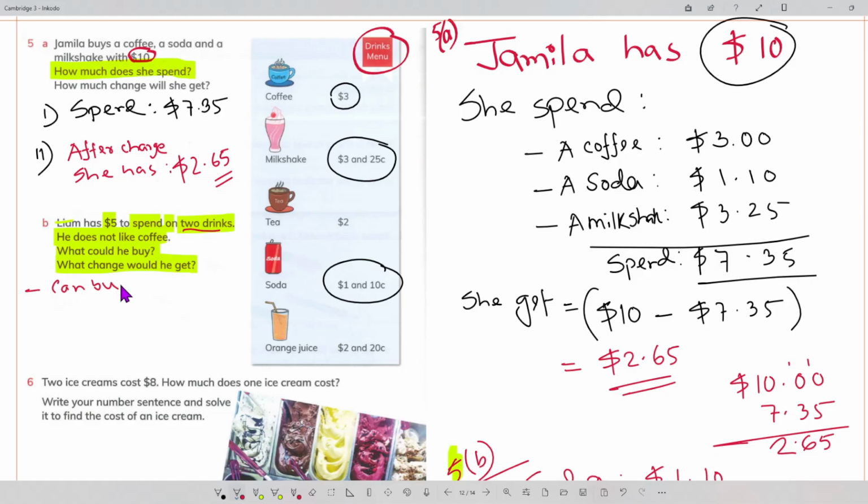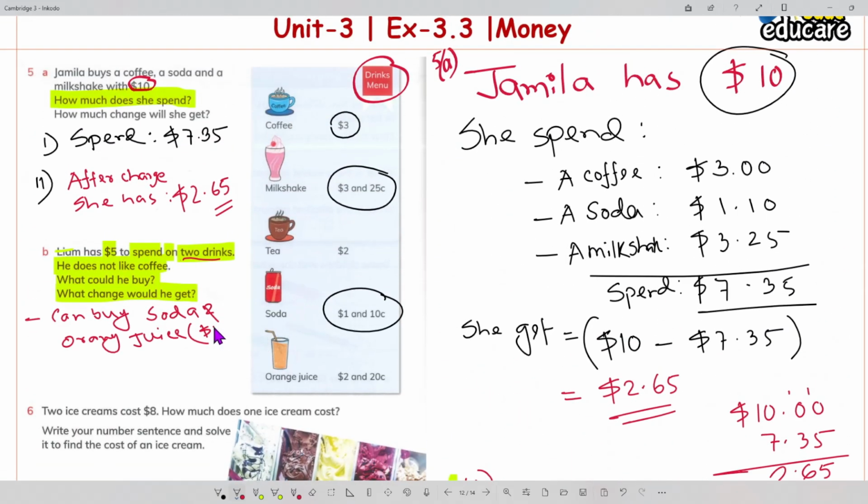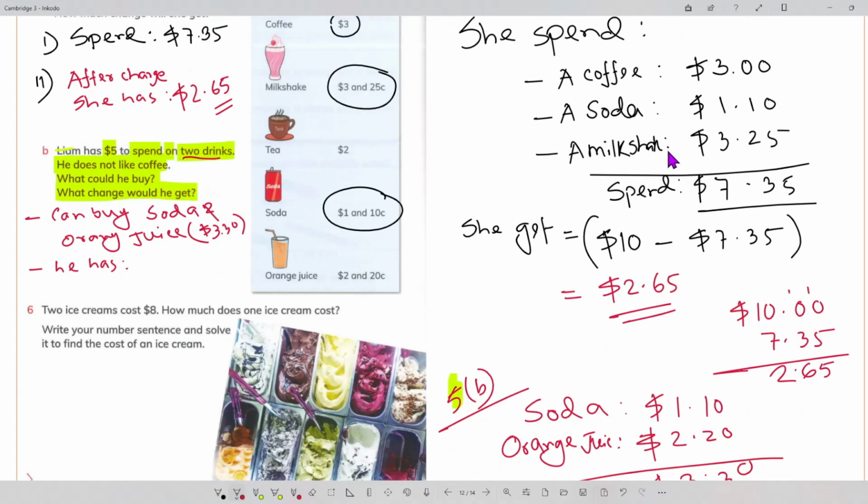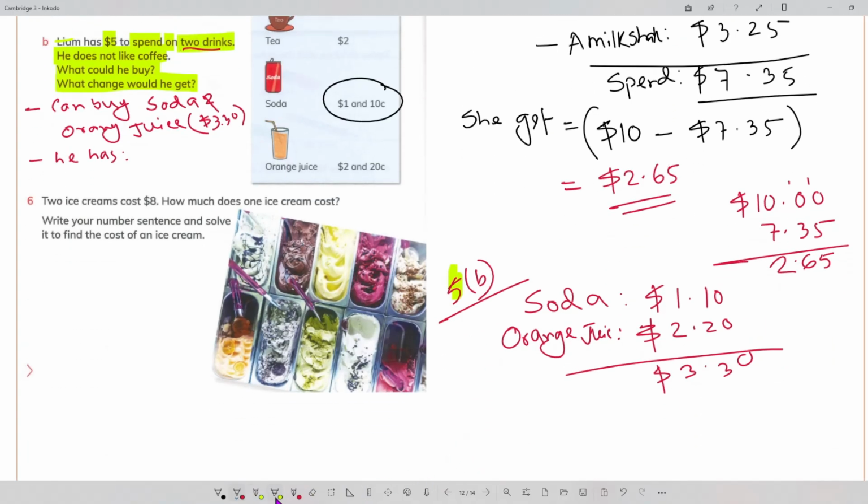So what could he buy? He can buy soda and orange juice. The total price is $3.30. What change would he get? After change, first he has $5, no cent, and spent 3.30.